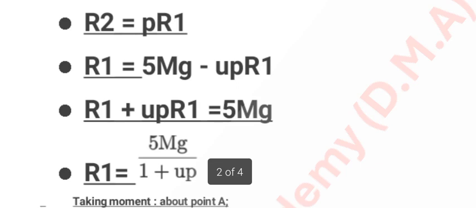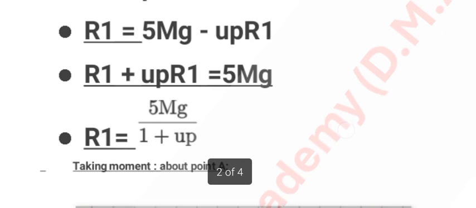Hope it's clear. Now you bring R1 to the other side. You have R1 plus upR1 is equal to 5mg. From then on, you can factor out R1, and R1 will be equal to 5mg divided by 1 plus up. Okay, I think this one is okay now.